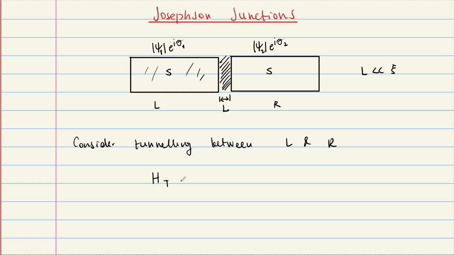So H tunneling is equal to some tunneling amplitude, which doesn't concern us, its specific value, times psi left dagger, psi right. This means take something from right and put it to the left. Or I also have to have the opposite amplitude. Take something from left and put it right. Psi right dagger, psi left.